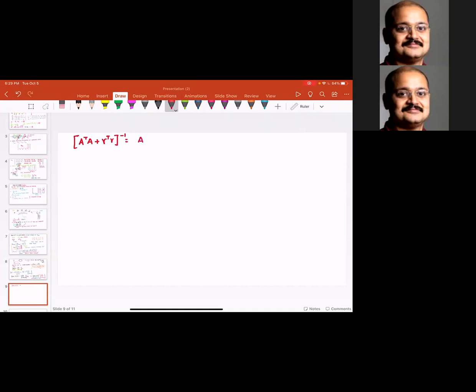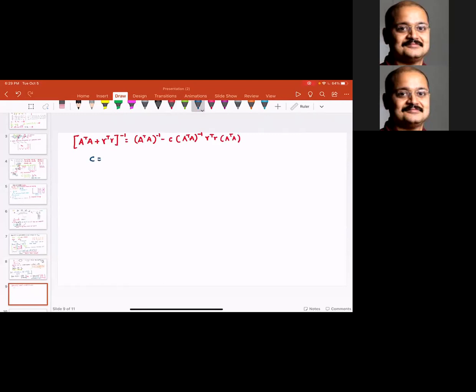This inverse can be written as A transpose A inverse minus C times A transpose A inverse R transpose R A transpose A inverse, where C is just a number.